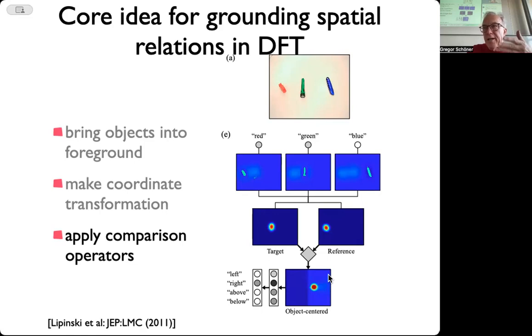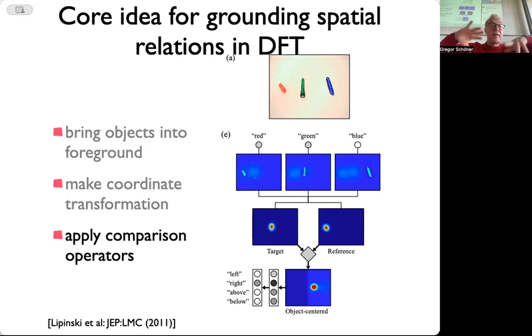Underlying that activation is some connectivity pattern where input to this field will excite this field on the right when this node is present, and on the left if another node is present, and so on. And this connectivity pattern, which is really the connection between these nodes and this field, encodes the spatial operator.